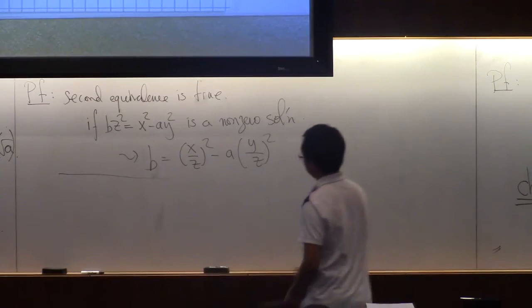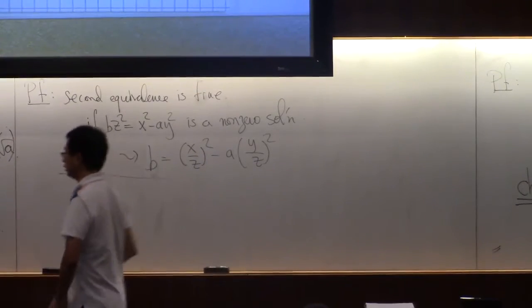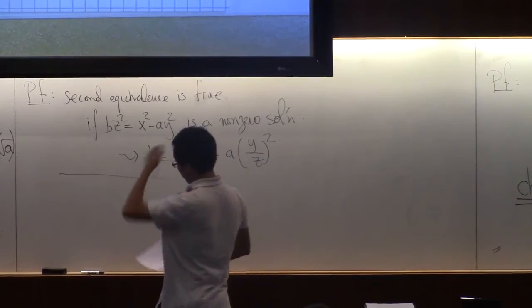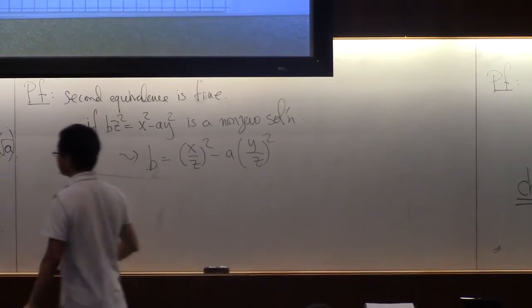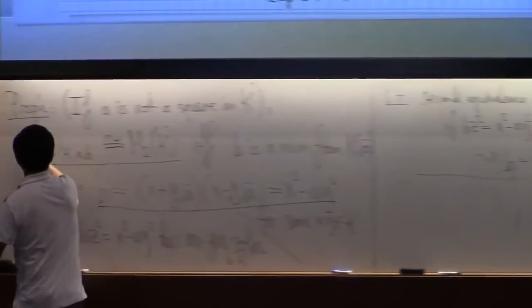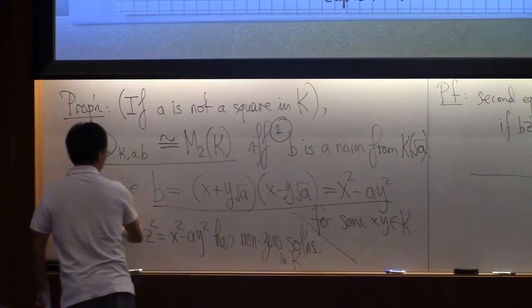So these two are obviously equivalent. I'm just phrasing it in a slightly different way, which I'll use next time. The first two. Maybe I'll label them statement 1, statement 2, statement 3.